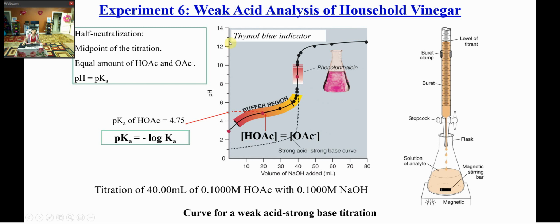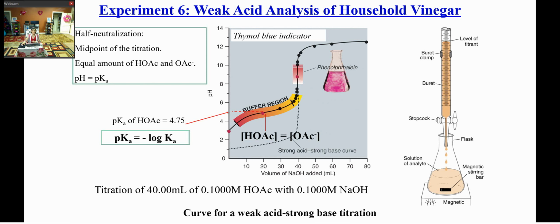Your titration curve will use the pH for your household vinegar as your y-axis. You are going to measure the pH values, and you use the volume of your sodium hydroxide standard solution titrant as your x-axis.